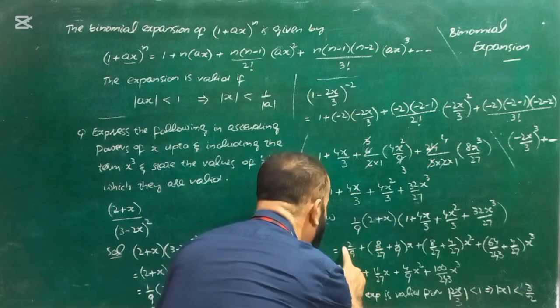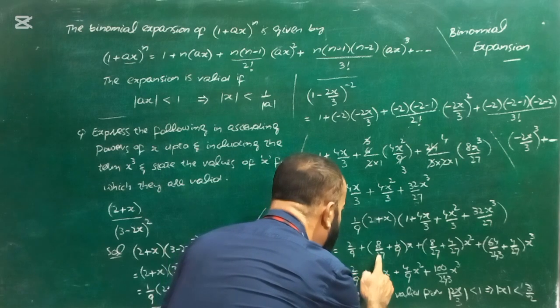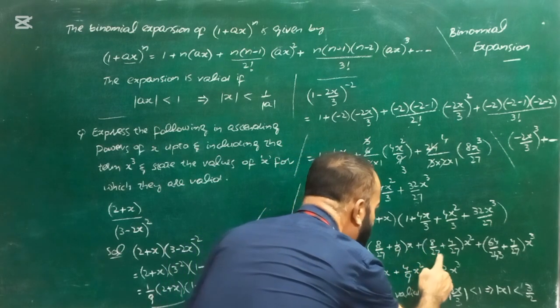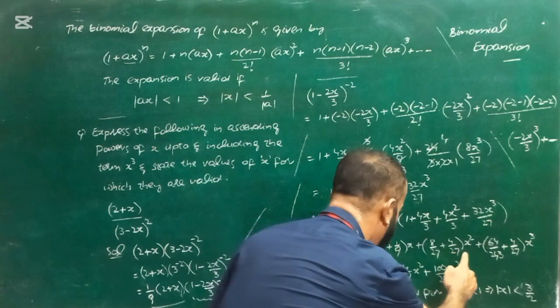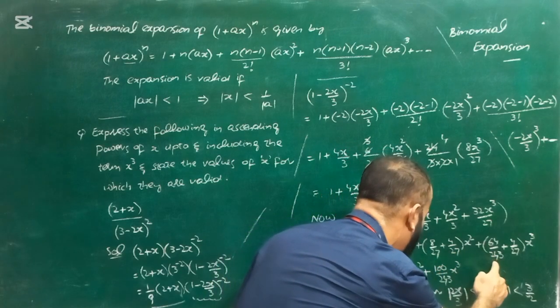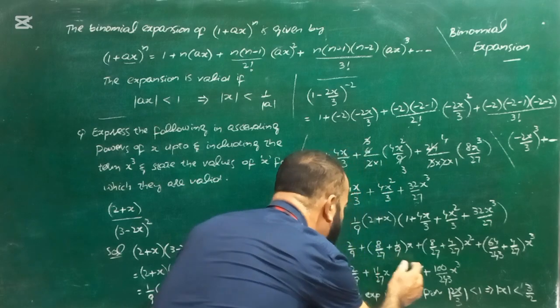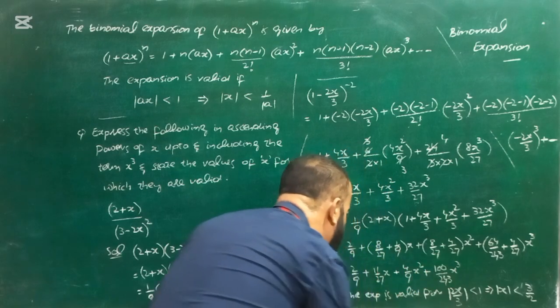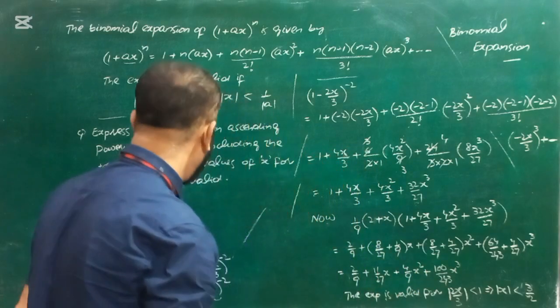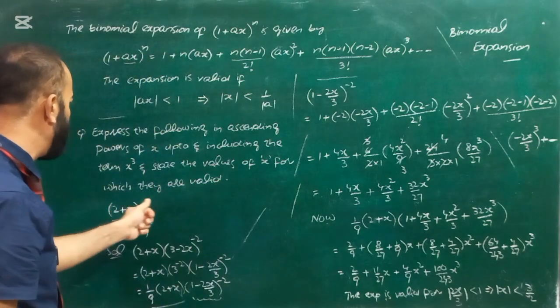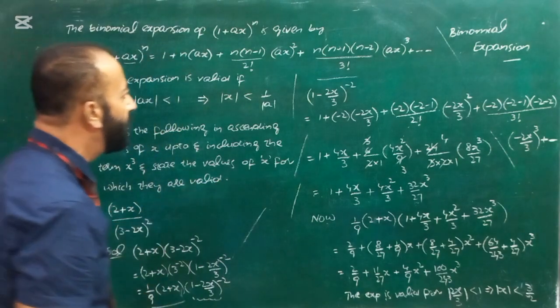From here you can see 2 by 9 plus, bracket start, 8 by 27 plus 1 by 9 x plus 8 by 27 plus 4 by 27 x square plus 64 over 243 plus 4 by 27 x cube. Okay, taking LCM and solving them will give us this step. And the final thing required is the values of x for which the expansion is valid.